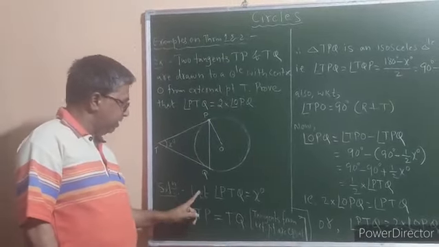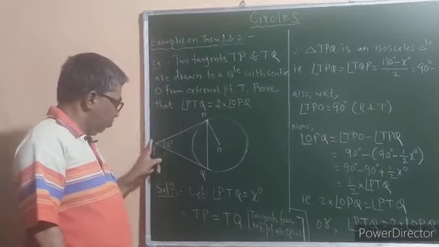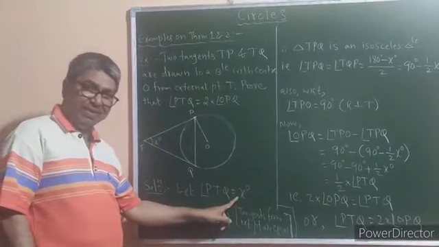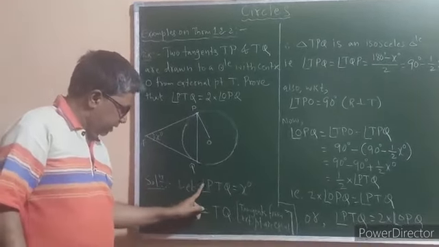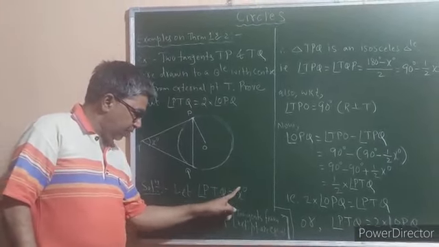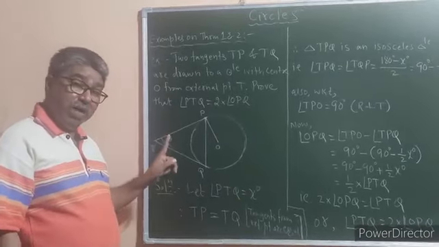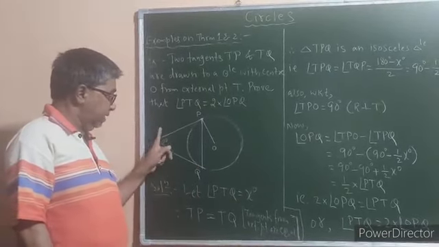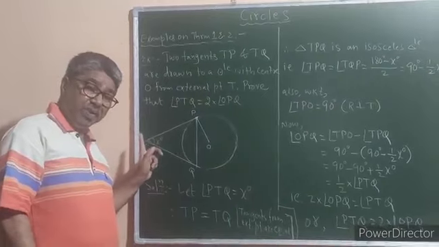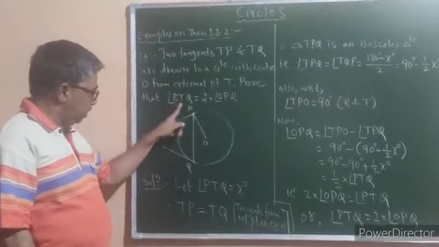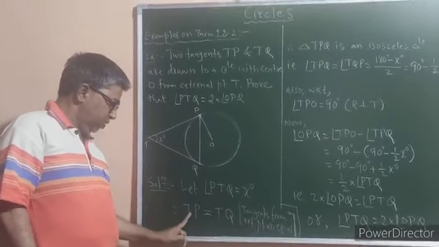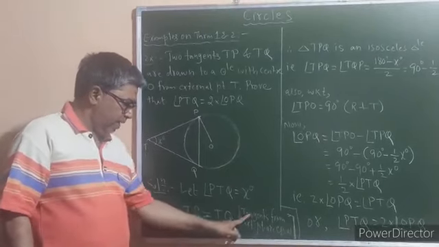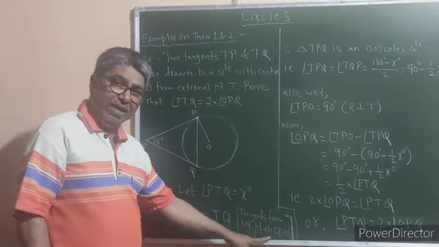Now let us consider the measure of angle PTQ as x degrees. Let angle PTQ be equal to x degrees. Now from theorem number 2, we know that the tangents drawn to the circle from an external point are equal. Therefore TP is equal to TQ, because tangents from an external point are equal.